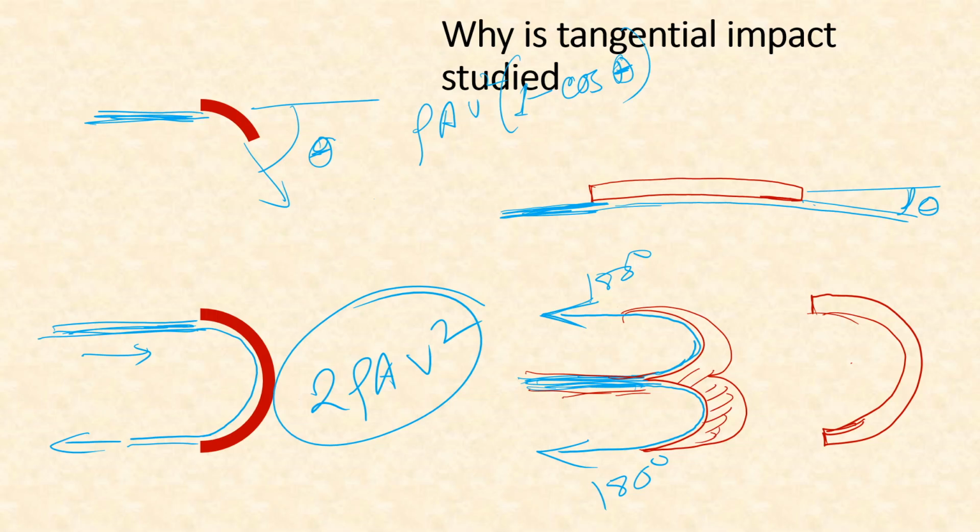One curve is this part, another curve is this part, and this edge is a very sharp edge. So we'll study about these things later when we study hydraulic machines.